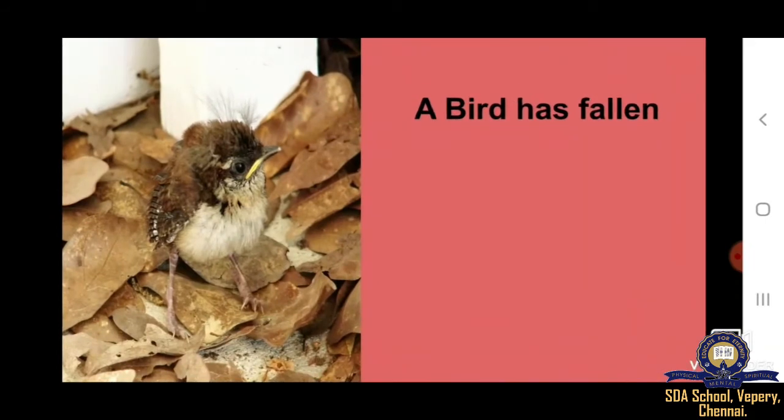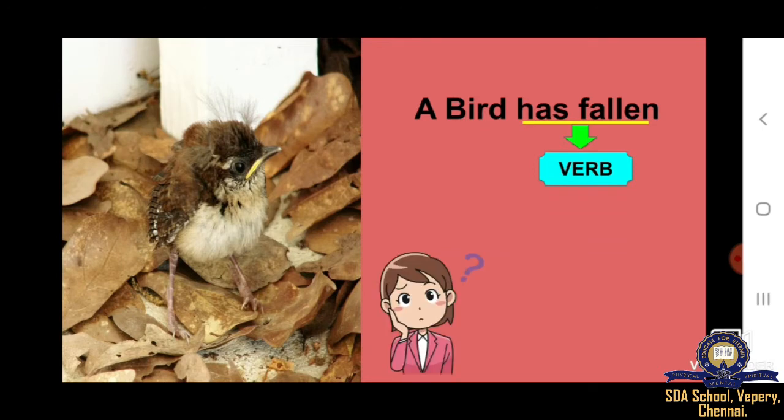And the next example: a bird has fallen. Children, what is the verb in the sentence? Yes, has fallen is the verb. Now, if I ask who or what has fallen, what do I get as my answer?